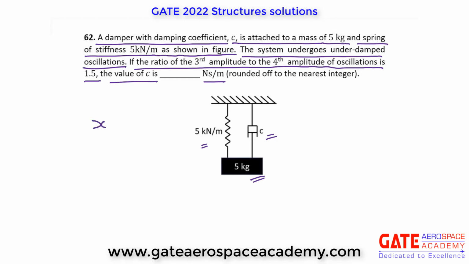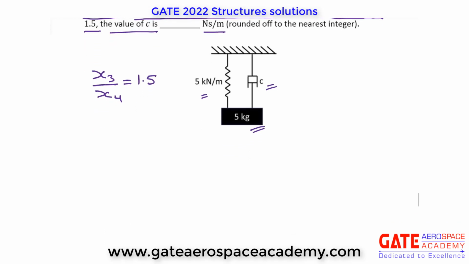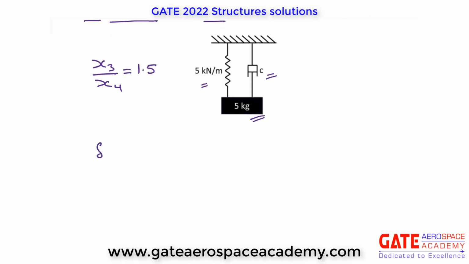So x3 by x4 they have given, that is 1.5. So this is the ratio of successive amplitude. We know that natural logarithm of ratio of successive amplitude is logarithmic decrement, correct? Logarithmic decrement delta, that is equal to ln x3 by x4 is equal to ln 1.5, that is equal to 0.4055.